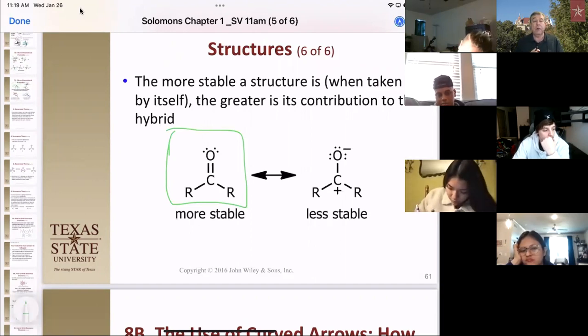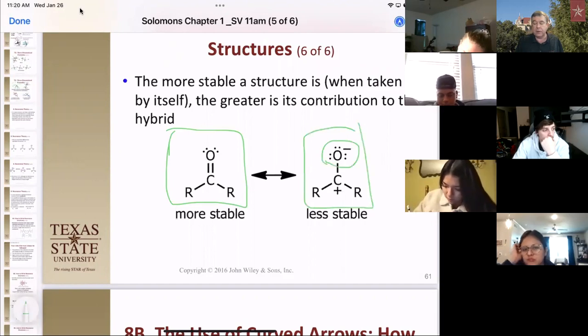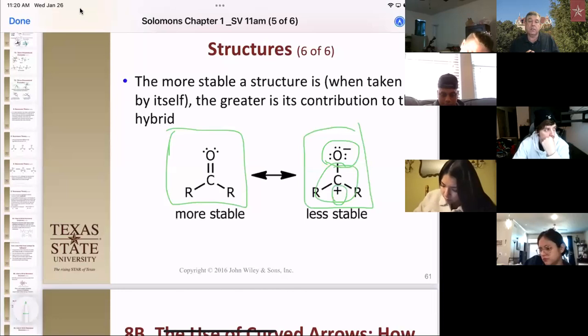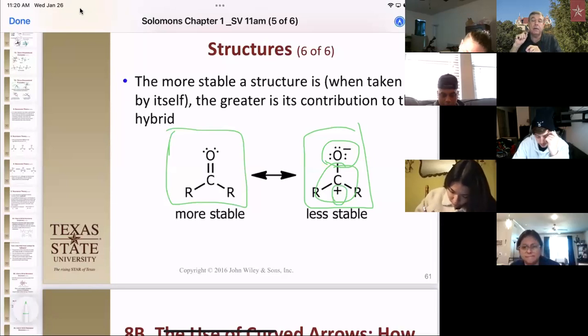However, we can actually write a valid Lewis dot structure that looks like this, where we have 8 electrons around here, 6 electrons here, but a positive charge. And technically, this is a possible Lewis dot structure because the total molecule has a 0 net charge.